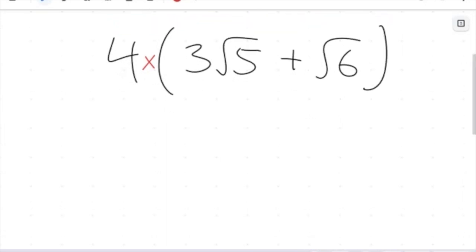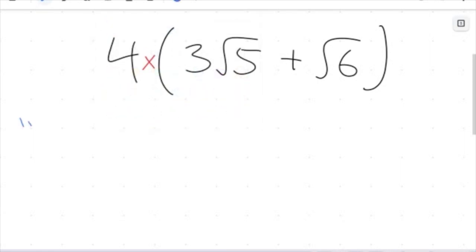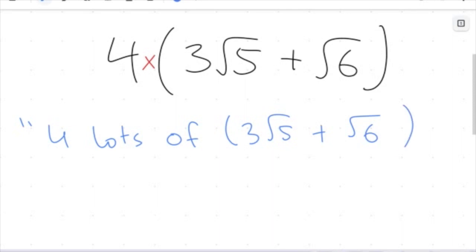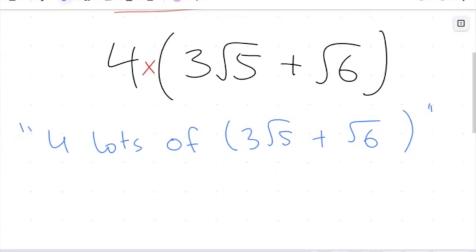So, in other words, what this is telling us is we have 4 lots of 3 root 5 plus root 6. Now when we say 4 lots of something, remember multiplication is just a shorthand for taking this number and adding it 4 times. So let's just go ahead and do that and see what happens.